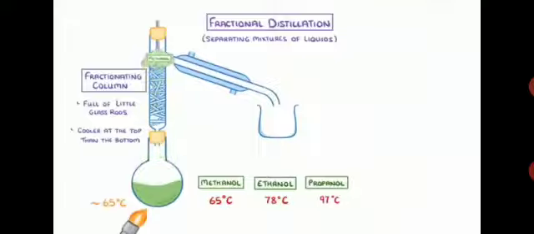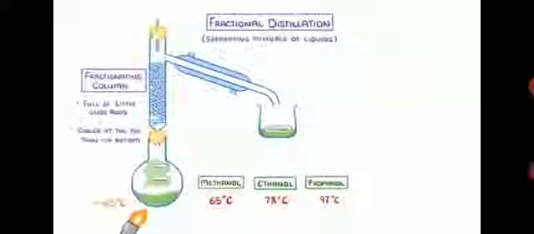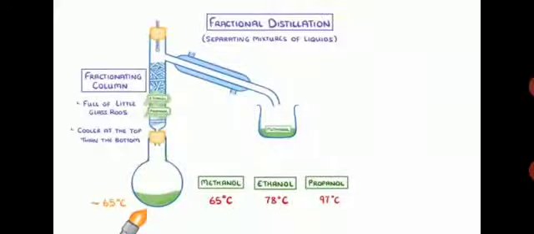When the temperature attains 65 degrees Celsius, methanol will come out as vapors and it will be condensed inside the condenser. It will be collected in the receiver finally. After some time all the methanol will come out. Then ethanol will not come out when the temperature is 65 degrees Celsius itself.